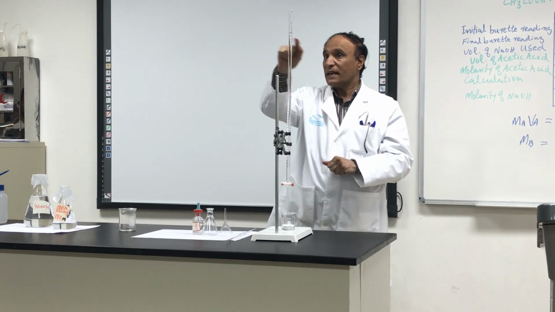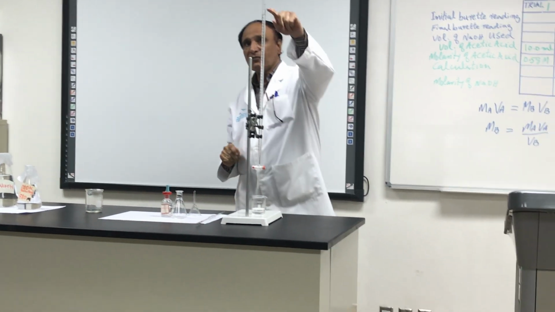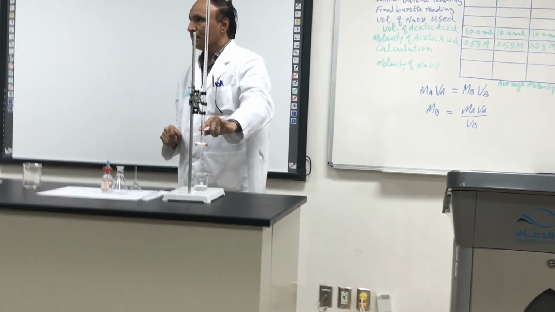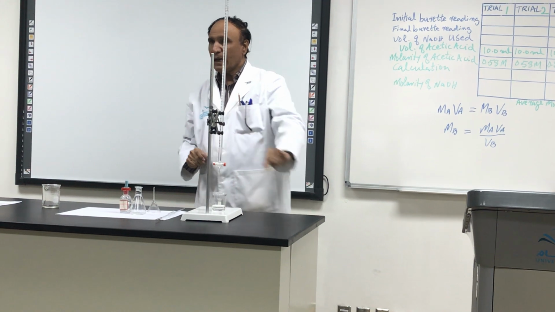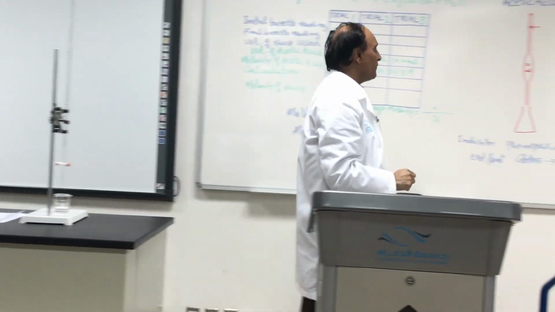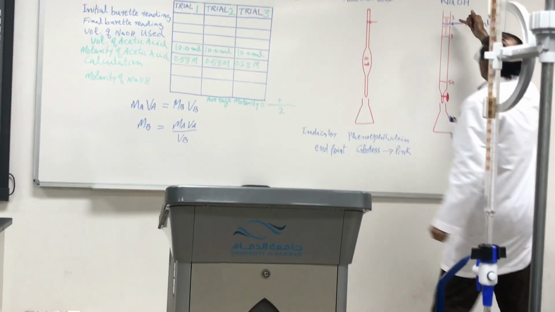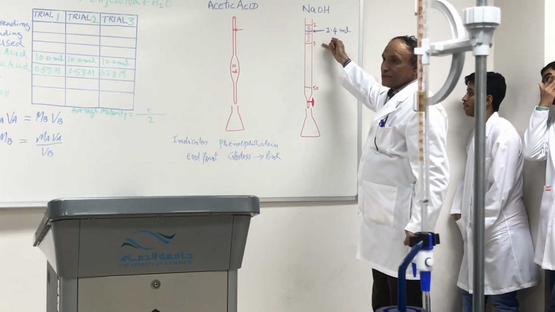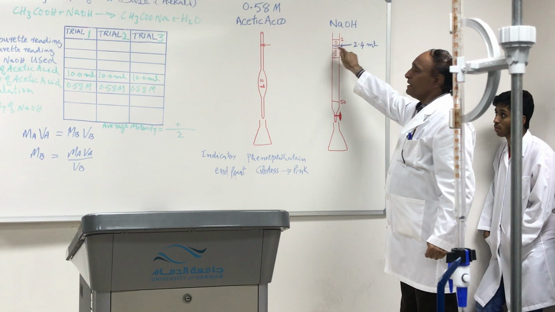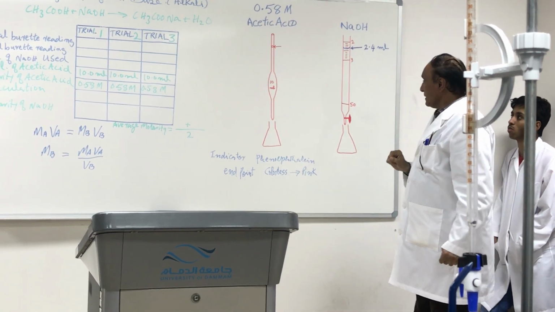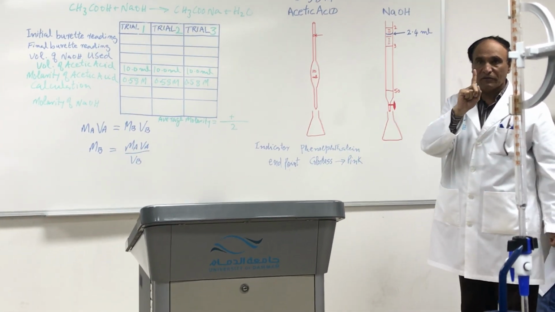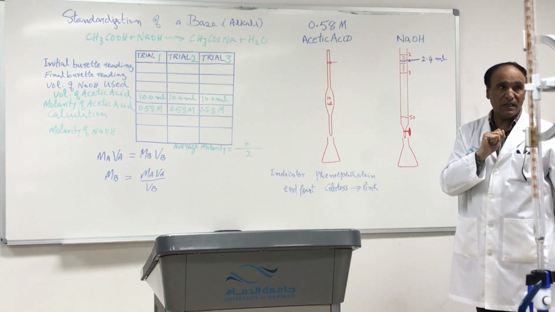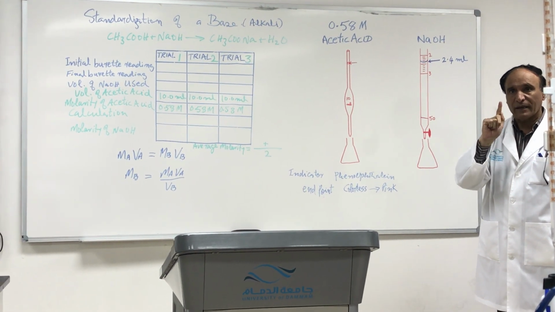On the burette there are so many marks, starting from 0 up to 50. And you look over here, for example, 2 and 3. I told you last time, there are 10 marks, so each mark is equal to 0.1.